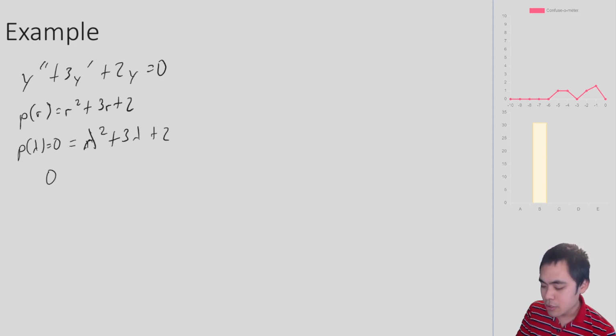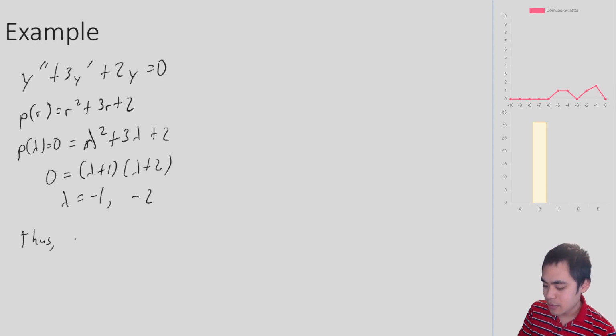And therefore, 0 is equal to lambda plus 1 times lambda plus 2. And so lambda is equal to minus 1 or minus 2, so e to the minus x and e to the minus 2x are solutions. And so in fact, the general solution is c1 e to the minus x plus c2 e to the minus 2x.